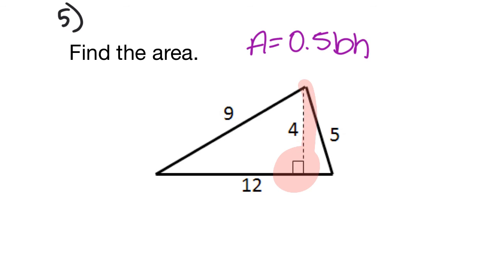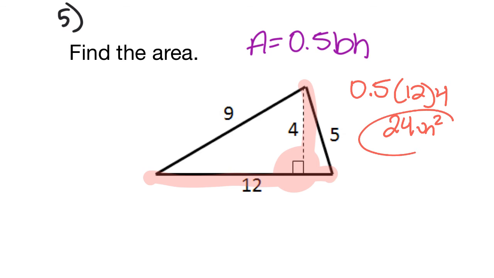So the two sides that make that 90-degree angle are the base and the height. You should have done 1/2 times 12 multiplied by 4. And when you calculate that, you would get an area of 24 units squared.